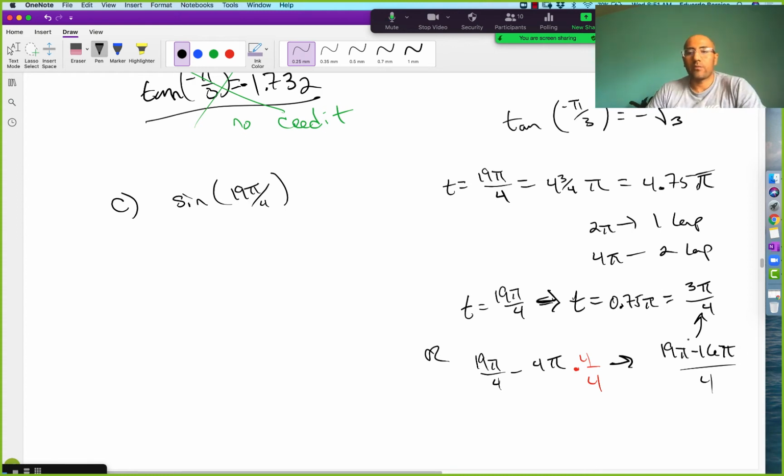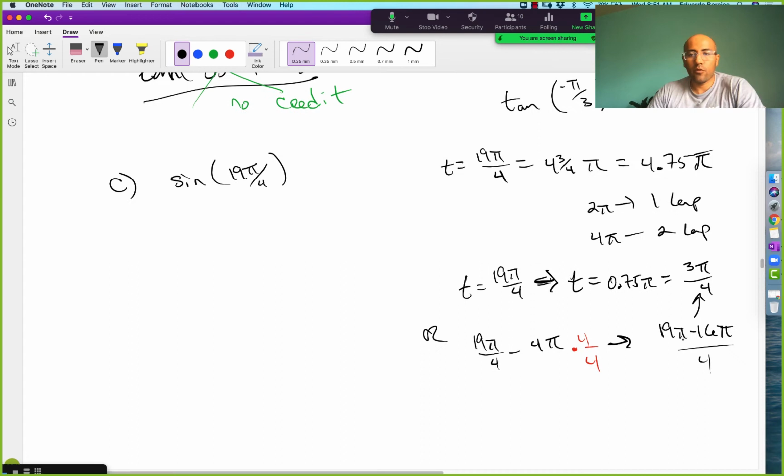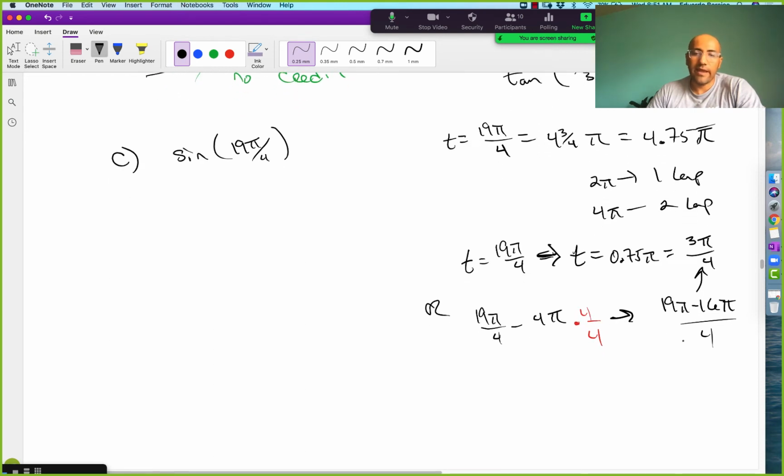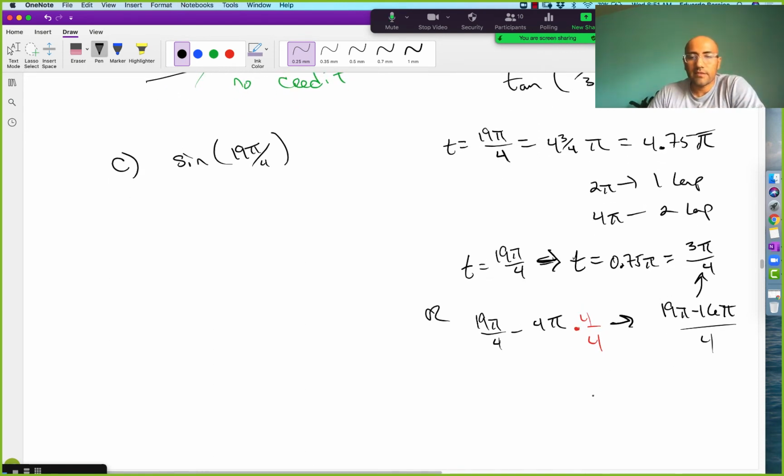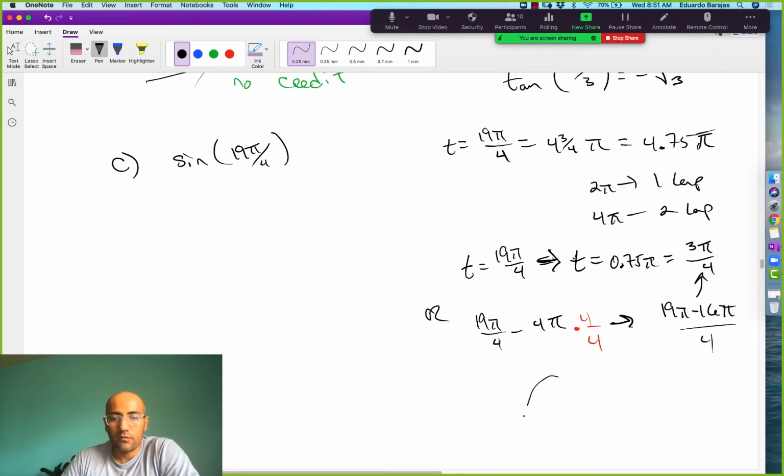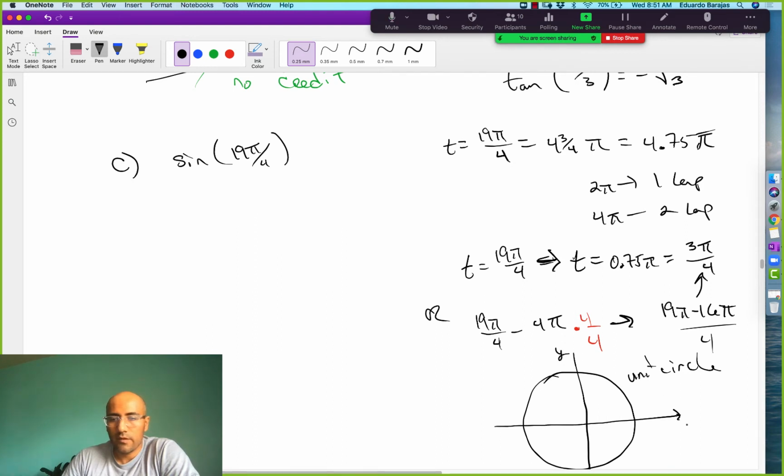Okay, so now, working with 3 pi over 4, 0.75 pi is bigger than half, less than 1. That's going to be in quadrant 2. So here's my unit circle. Here's Y, here's X. Now I want to work with this one.